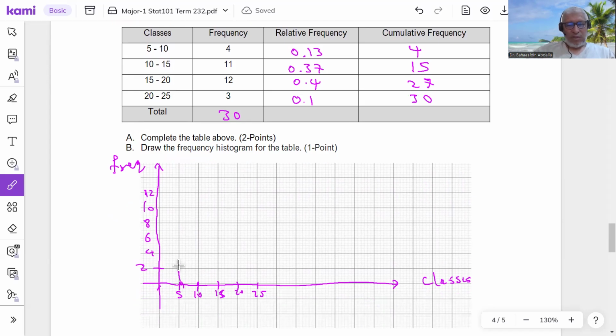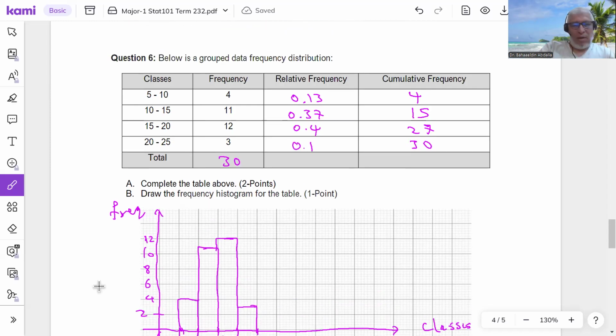So this class has a frequency 4. The next one, 11. The next one, 12. And the last one is 3. So this is the frequency histogram.